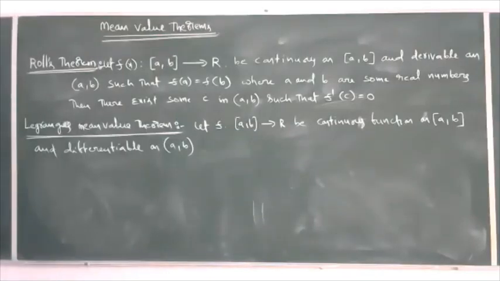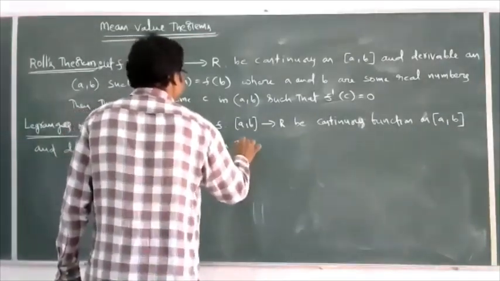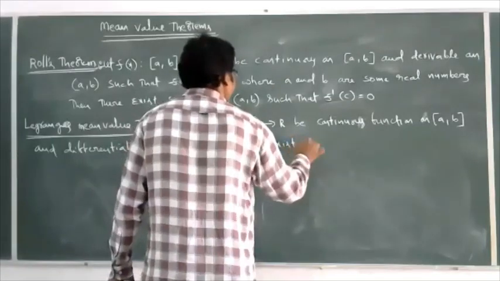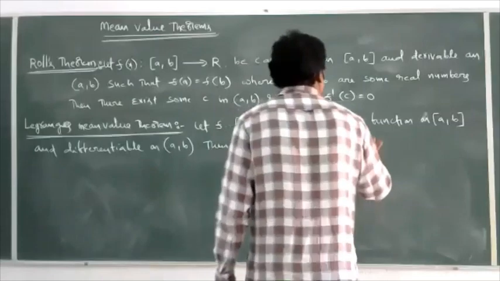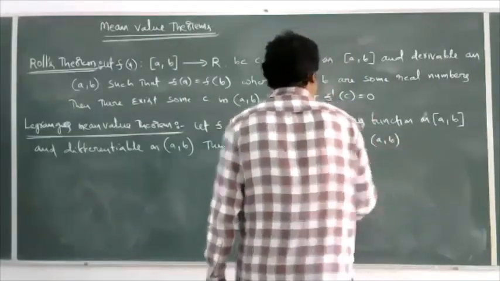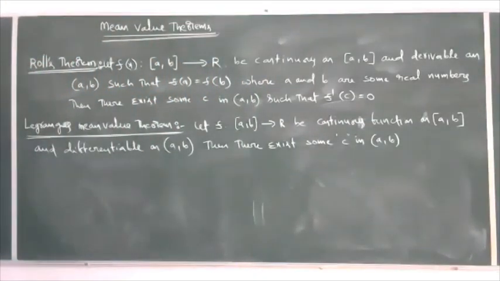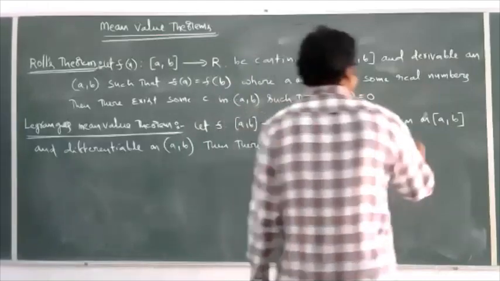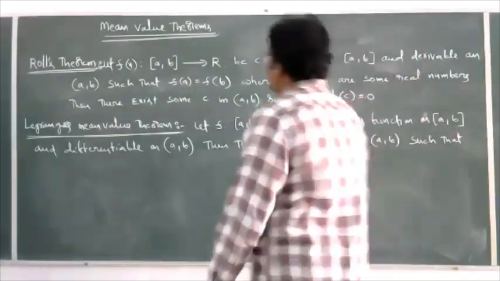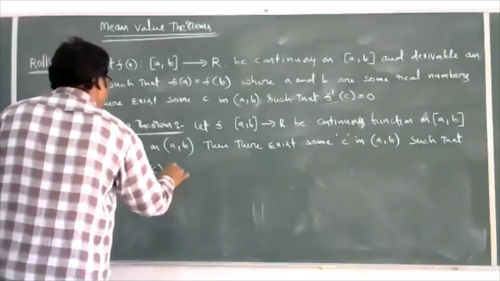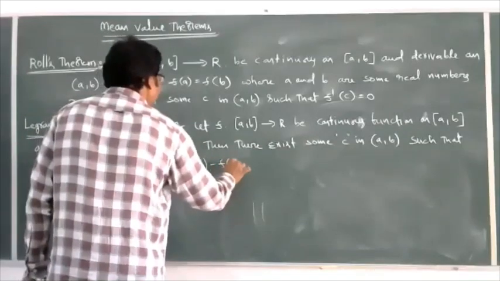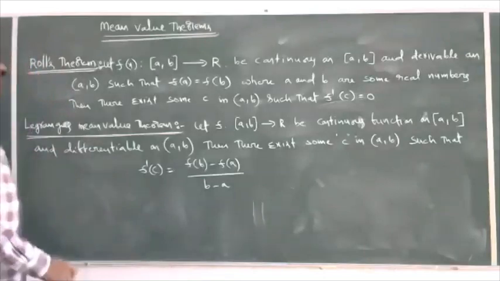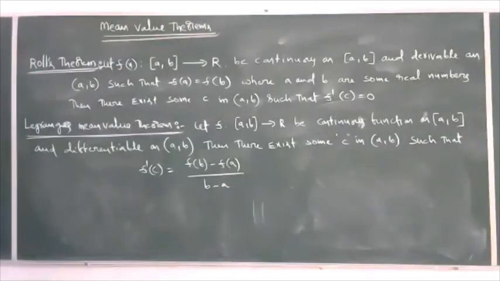Then there exists some c in open a comma b such that f dash c is equal to f of b minus f of a by b minus a. This is Lagrange's mean value theorem.